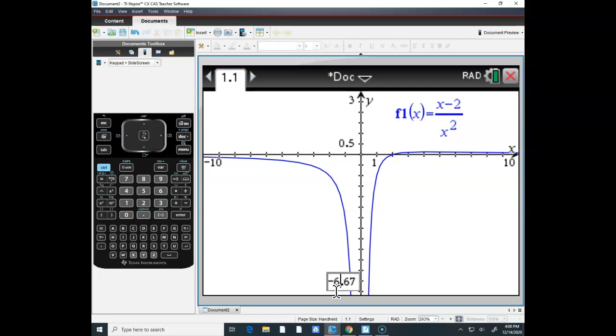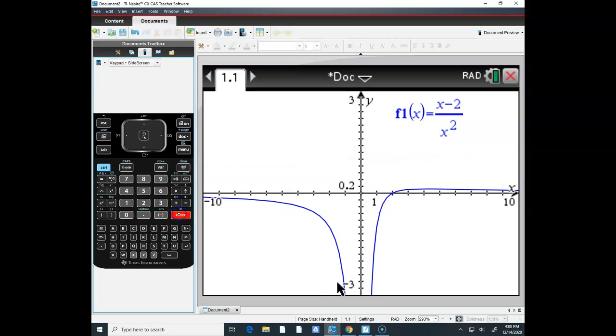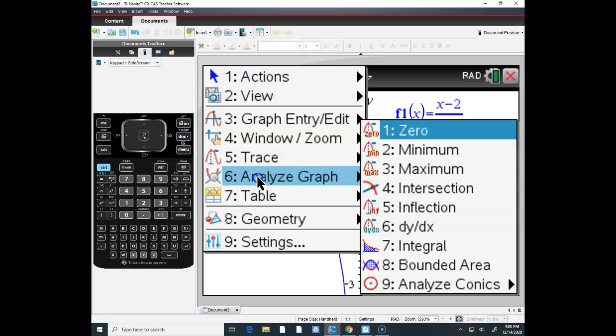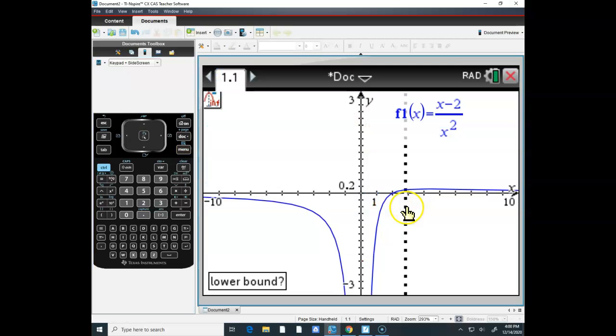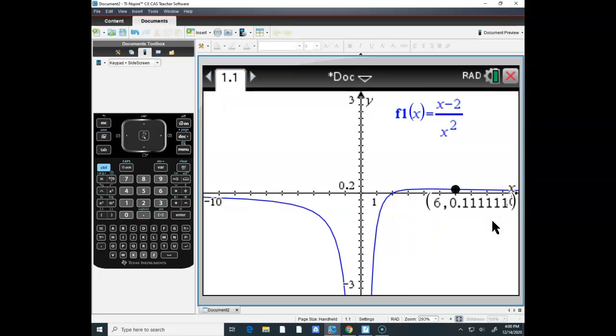Let's say maybe -3. That doesn't really give me anything, but when I say menu, analyze the graph, and I'm looking for a point of inflection, I should have one somewhere around 6. There it is.